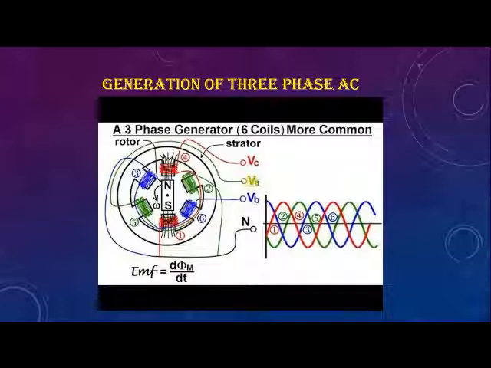So B phase winding reaches maximum 120 degree after A phase reaches its maximum. Then from B phase, after rotating again 120 degree, north pole reaches the C coil. So C coil reaches a maximum value 120 degree after VB.